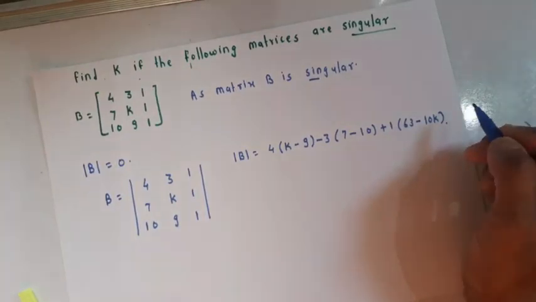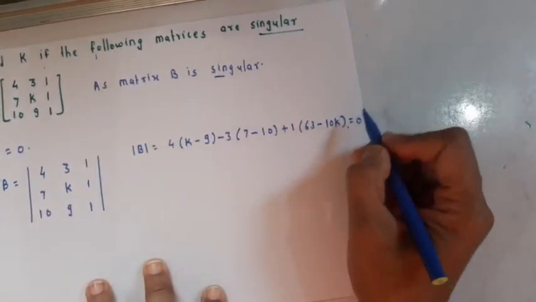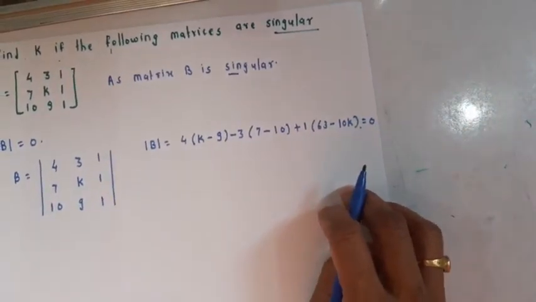And as determinant value of B equal to 0, this is equal to 0.